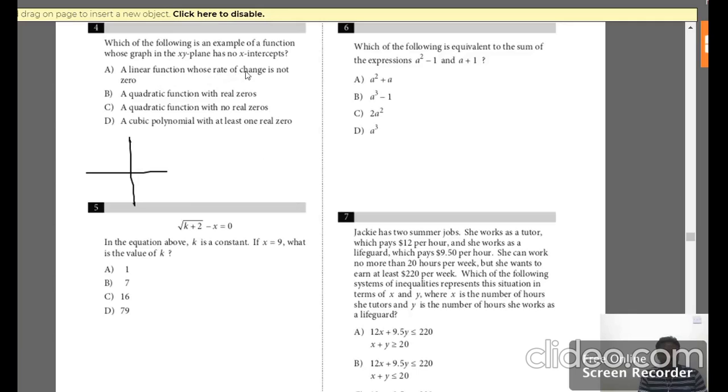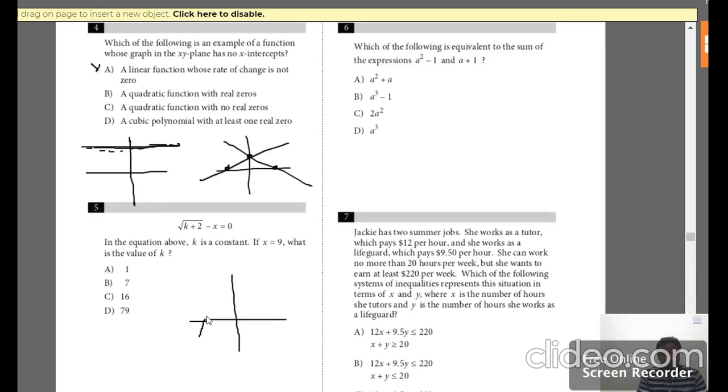A linear function whose rate of change is not 0 will never touch the x-axis, or it could be that the linear function has one zero on the x-axis, the common intersection point, but this is being ruled out. A quadratic function with real zeros: so what does that mean?